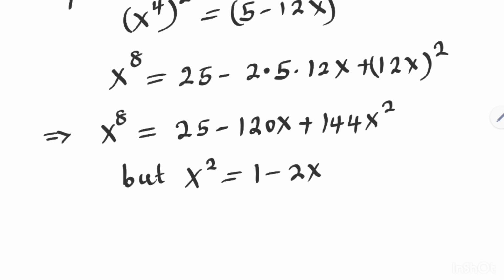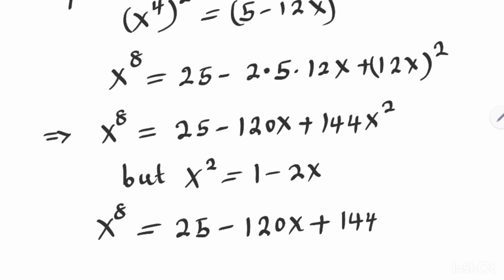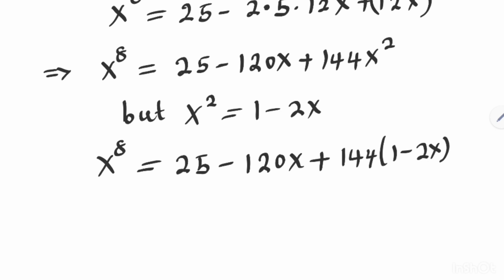And let's substitute, we have x raised to power 8 is equal to 25 minus this 120x plus 144 bracket 1 minus 2x.